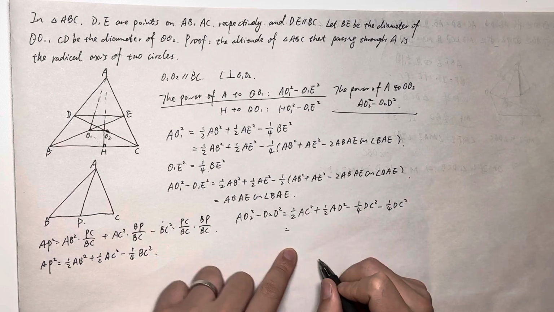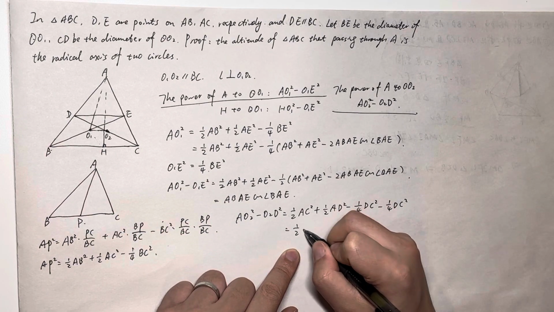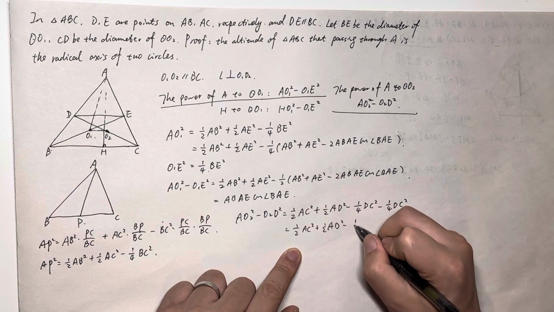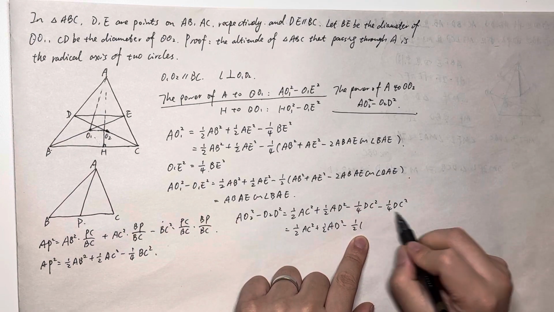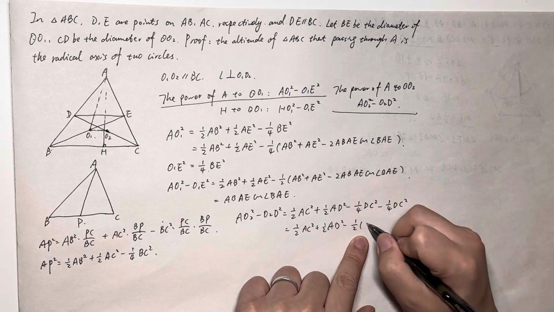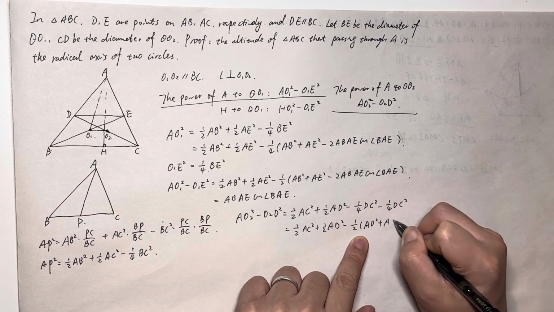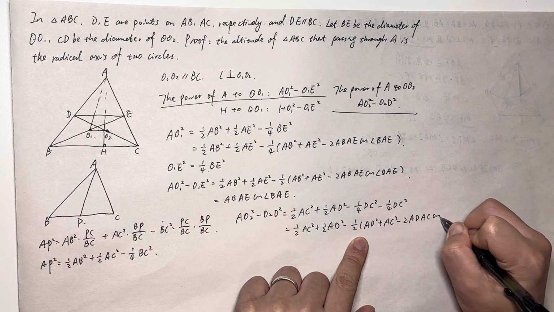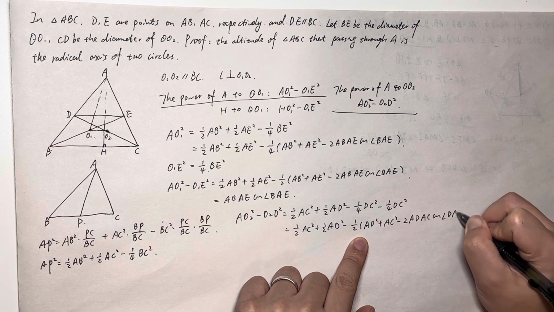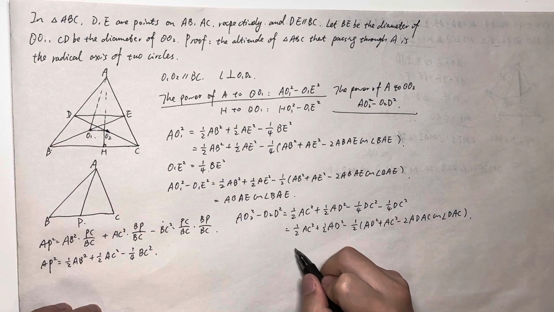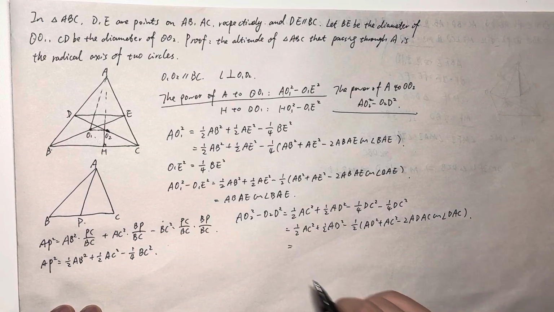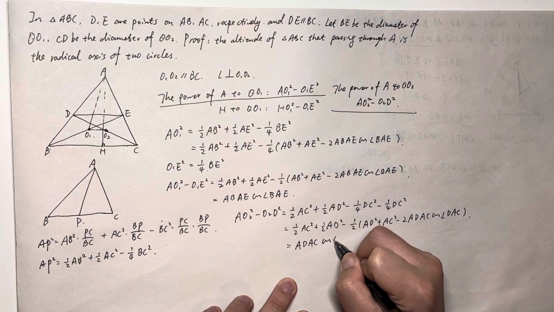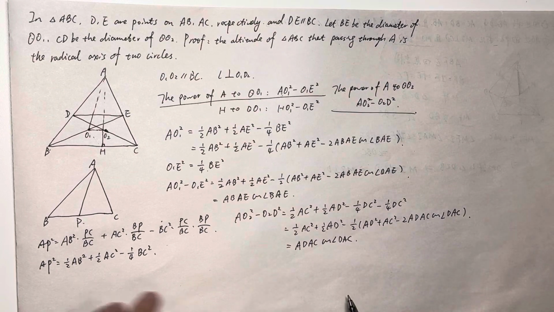So it equals half of AC squared plus half of AD squared minus half of DC squared. DC squared equals AD squared plus AC squared minus 2AD AC cosine angle DAC. So it equals AD AC cosine angle DAC.